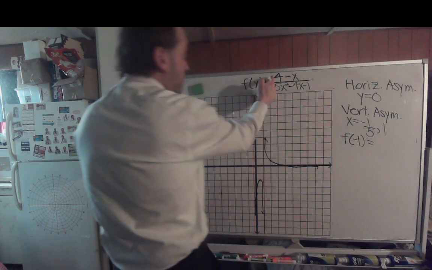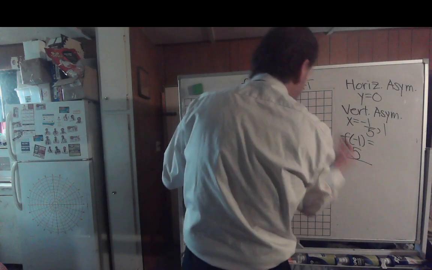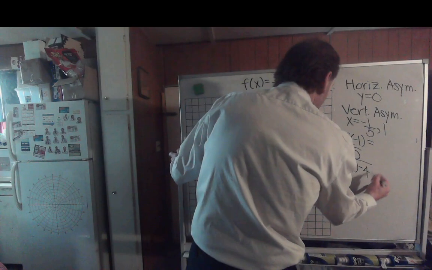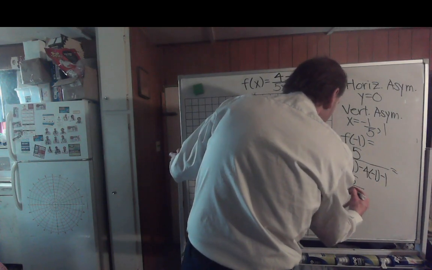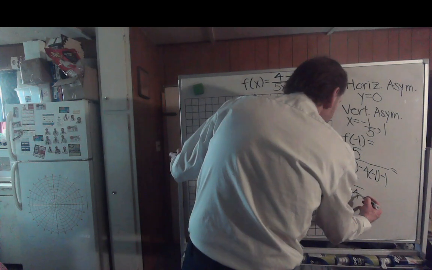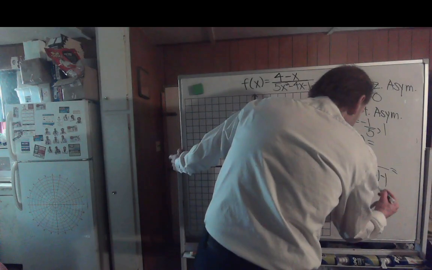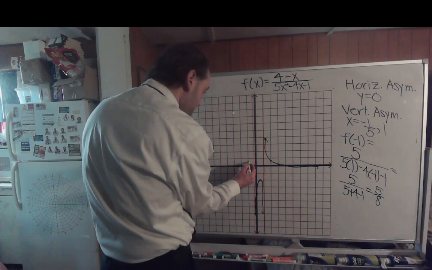Well, that 4 minus negative 1 is 4 plus 1, which is 5, all over, let's see, that would be 5 times 1 minus 4 times negative 1 minus 1. So that's going to give you 5 over 5 plus 4 minus 1. Well, that would give you 5/8. So you would have a y value of 5/8 when x is negative 1.